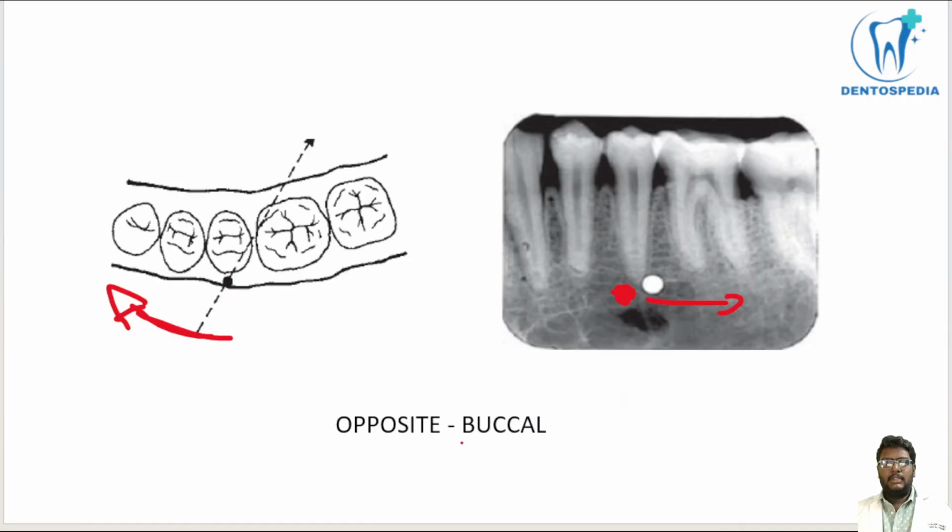So we can say it is present buccally to the tooth. When the pathology moves in the same direction as the tube, it is lingual to the tooth, and when it moves in the opposite direction to the tube shift, it is buccal to the tooth.